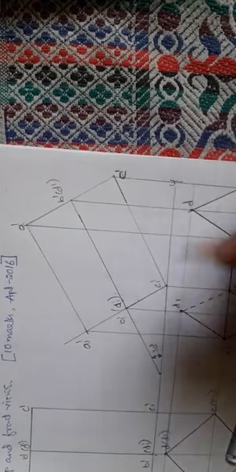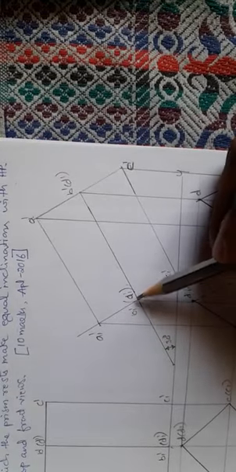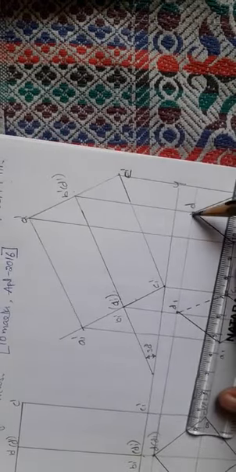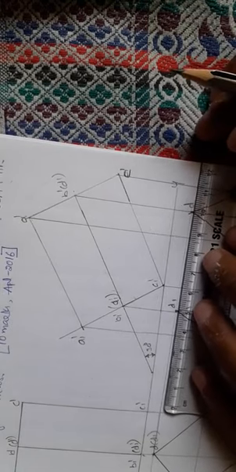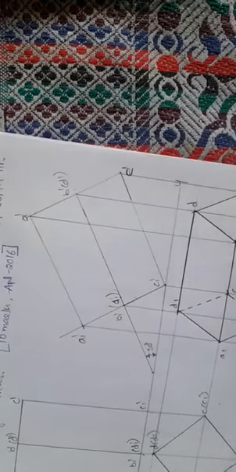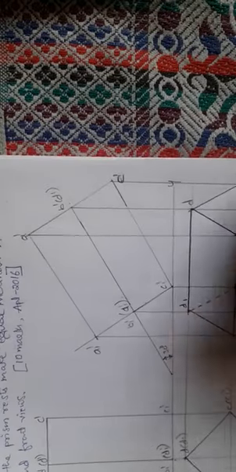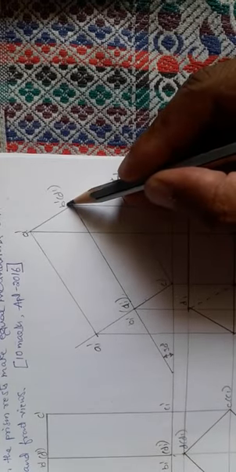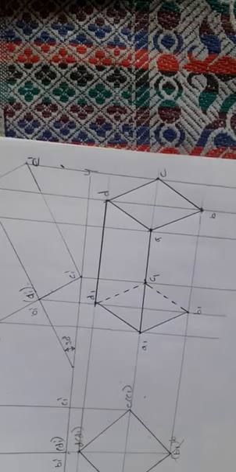And in the side view D to D, the D point is written in bracket, it is an invisible point, but in the top view D to D is a visible line. Okay, so this is the D to D. Okay, and in the top view, B1 to B1 is also visible line. So this is the B1 to B1.